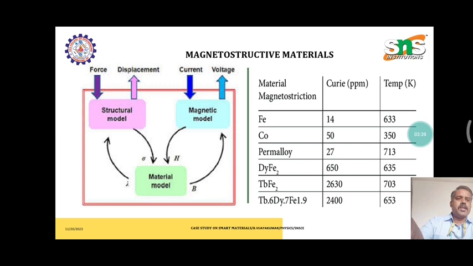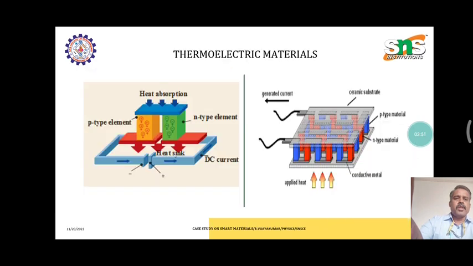Other materials are also checked in this table, the classification of magnetostriction materials.